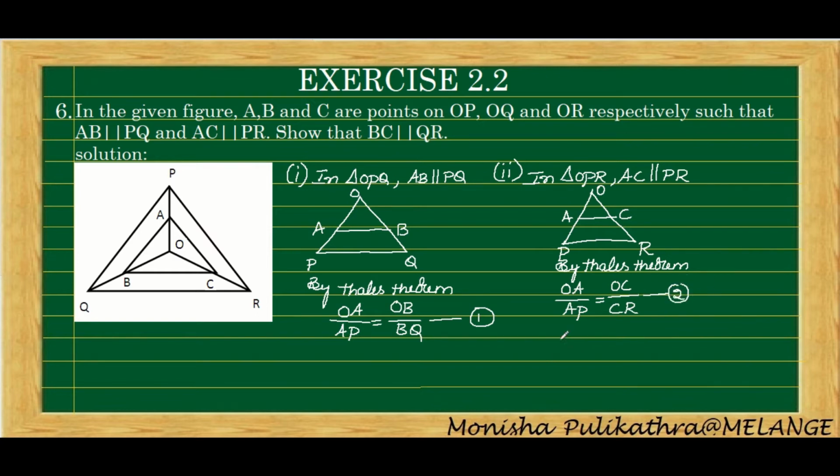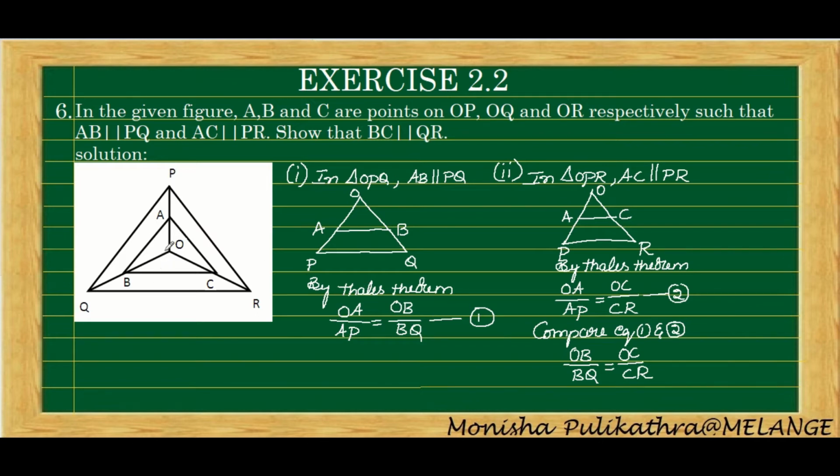Next, what we have to do? We need to compare equation 1 and 2. So here OA by AP is equal to OA by AP. If these two are equal, then OB by BQ is equal to OC by CR.